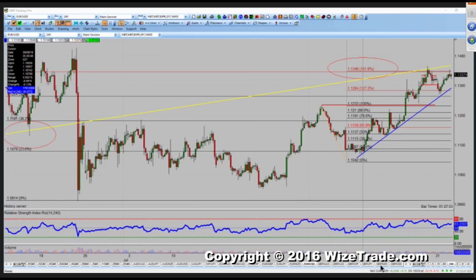Other than this first foray above 13.50, which I missed, I wouldn't mind having shorted there. But I'm not interested in shorting the euro at this point, because it defended really well. I respect technically what it's done so far. I think the risk is that Janet Yellen will sound only mildly cautionary, but she'll open the door that they can raise, and that'll allow the dollar to pull back.